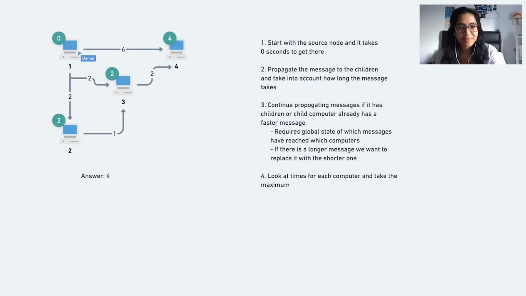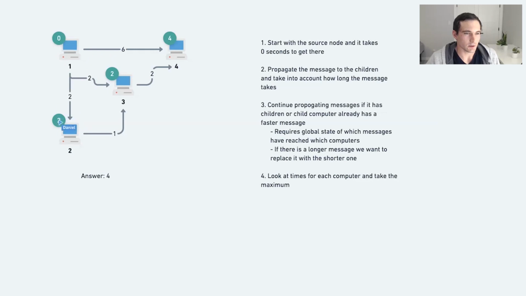Okay. So actually, can we go back to the pseudocode? Yeah. So yeah, we said we wanted to start with 0 at the source node because it takes 0 seconds to get there. That's where we're starting.